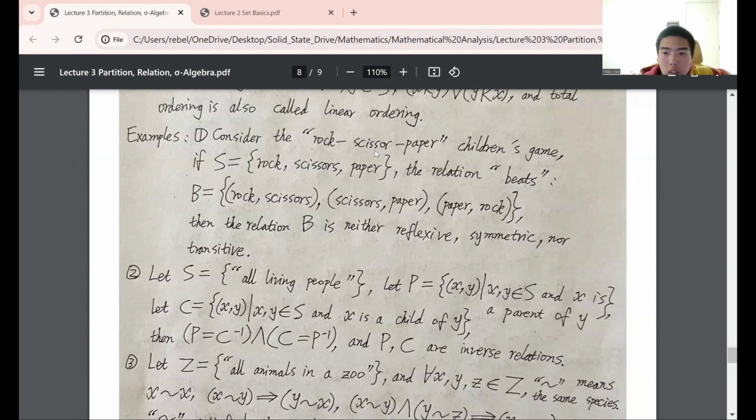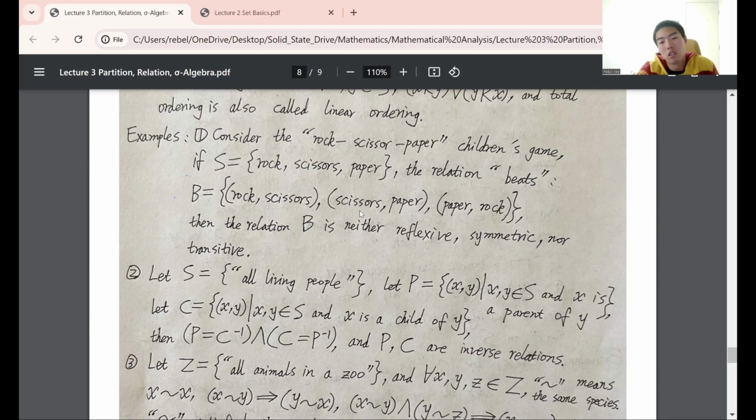So there's a common children's game. I think you played it before. You play rock, scissors, and paper. Scissors beats paper, rock beats scissors, and paper beats rock, right? So let's see the relationship of beats, which means one beats another. Rock beats scissors, scissors beats paper, paper beats rock.